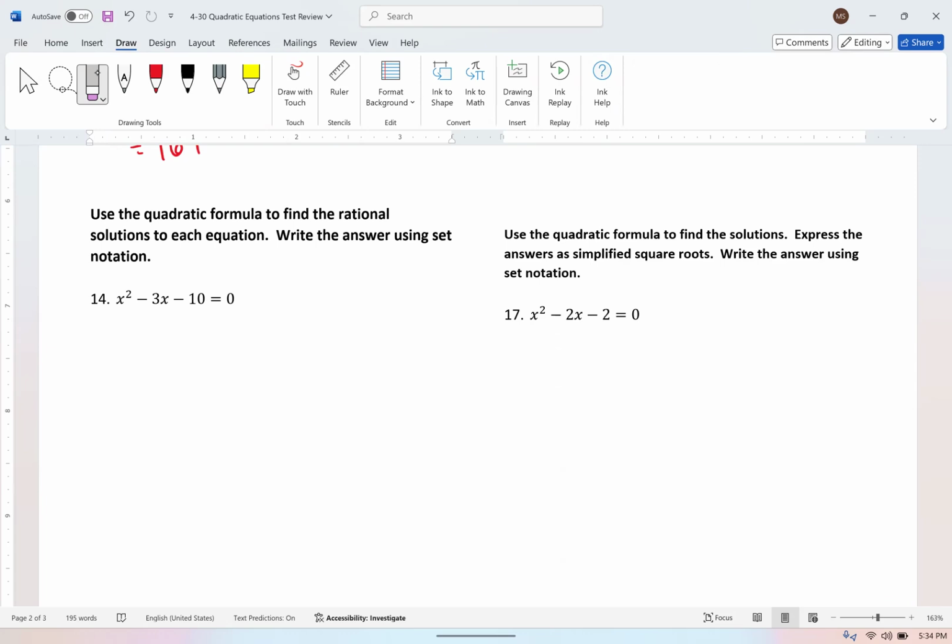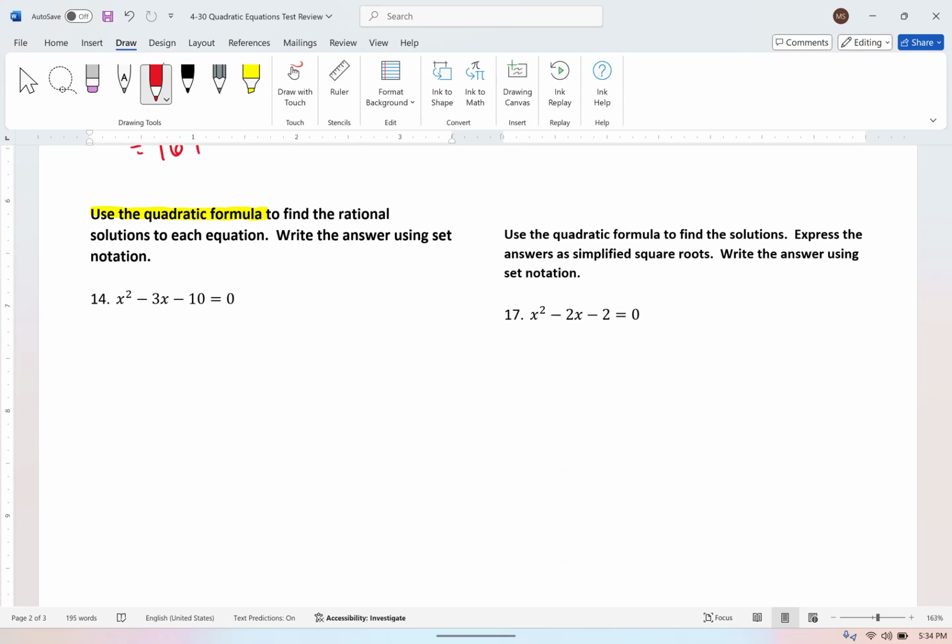So if the directions specifically say use the quadratic formula, it is not acceptable to solve the equation using some other method. It's fine to use the factoring method to check your answer if you want, but no, you cannot solve the equation using some other method if the directions specifically say use the quadratic formula.